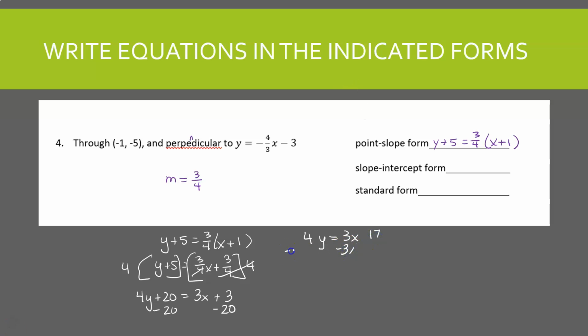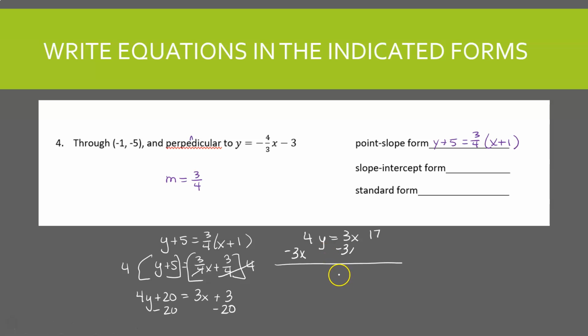I'm going to subtract 3x. Oh, we're going slope-intercept form. So this is right. Well, I guess we don't have to get rid of the fractions. I was thinking of standard, but hold on.